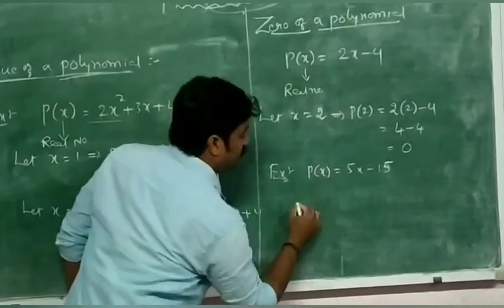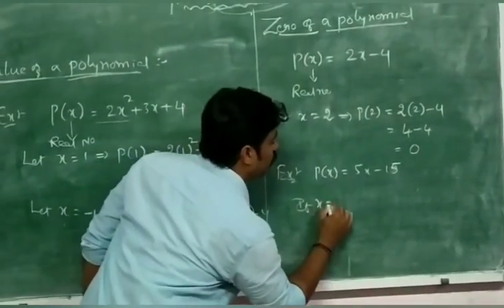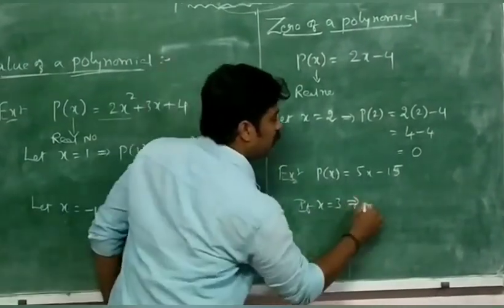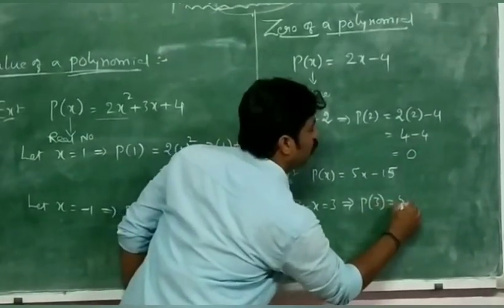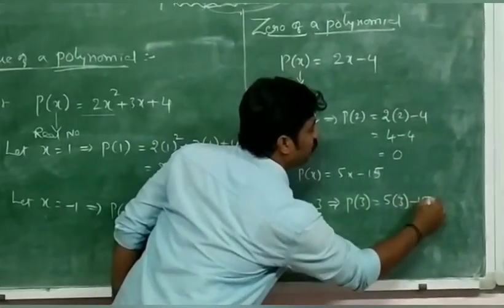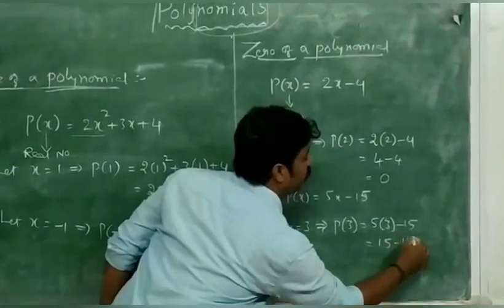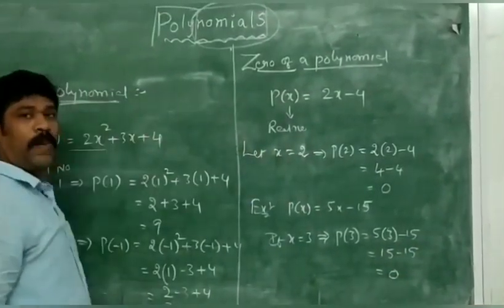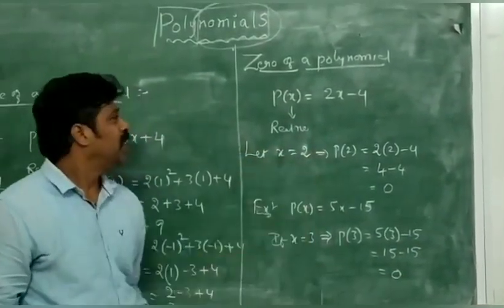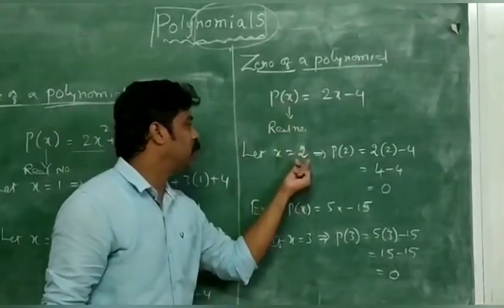Now, in place of x, if I substitute x is equal to 3, then p of 3 is equal to 5 into 3 minus 15, that is 15 minus 15, which is equal to 0.